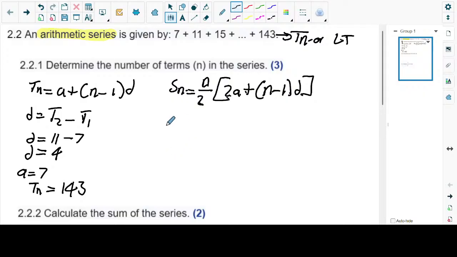Tn is equal to a plus open bracket n minus 1 close bracket d. We know A is 7 and we know Tn, so 143 is equal to 7 plus open bracket n minus 1 close bracket d.